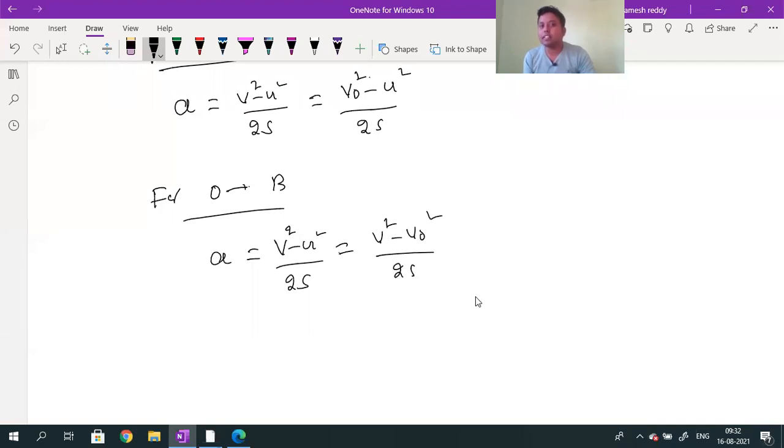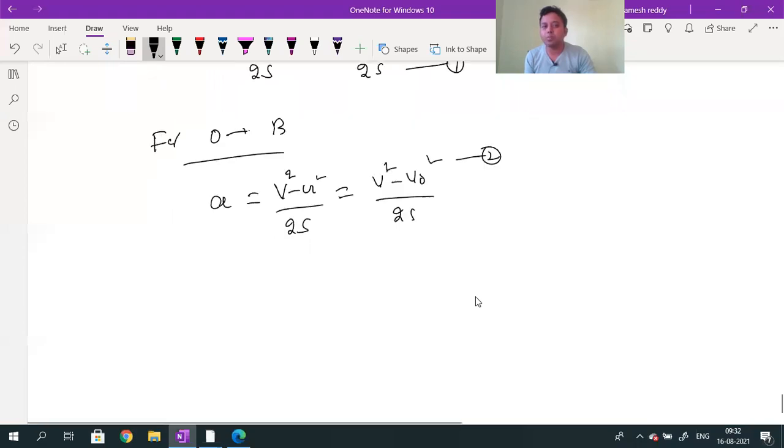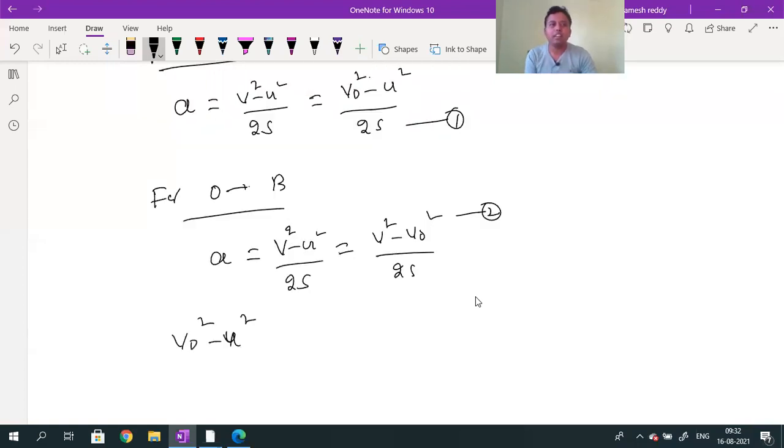Now these both accelerations are same. I can call them equation 1 and equation 2, and equate both. So V0 square minus u square by 2s will be equal to v square minus V0 square divided by 2s.